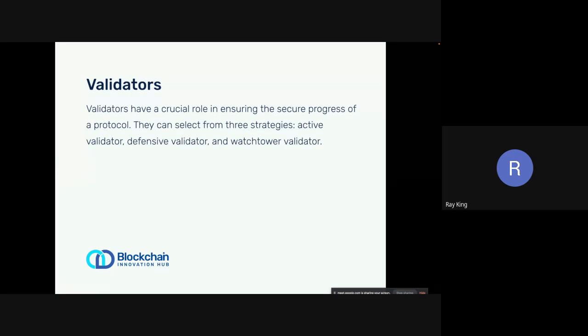That is to say, validators ensure the secure progress of a protocol, that is the process involved before, let's say, a transaction can be confirmed or even settled, that is added back to layer one. Validators could be nodes, it could be you, it could be me, you can act as a validator, but not all users are validators.